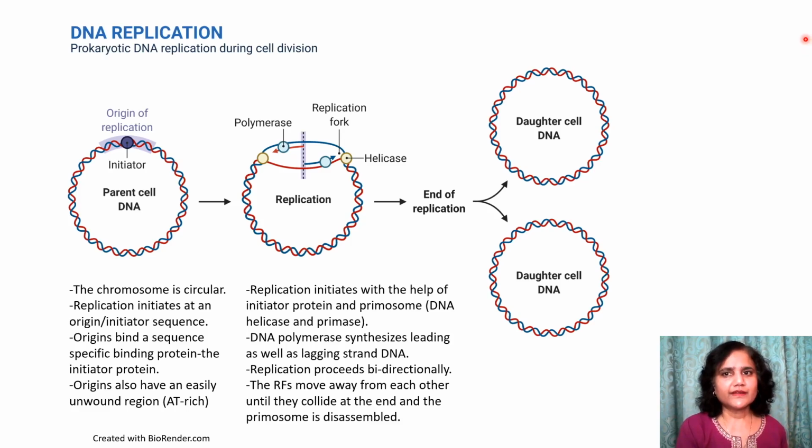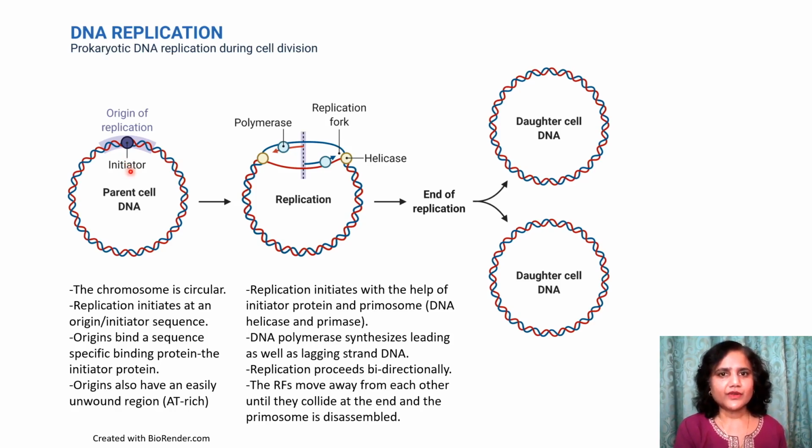So shown here is a generic diagram showing prokaryotic DNA replication. In prokaryotes, the chromosome is circular, and replication initiates at an origin or an initiator sequence. The replication origin binds a sequence-specific DNA binding protein referred to as the initiator protein.